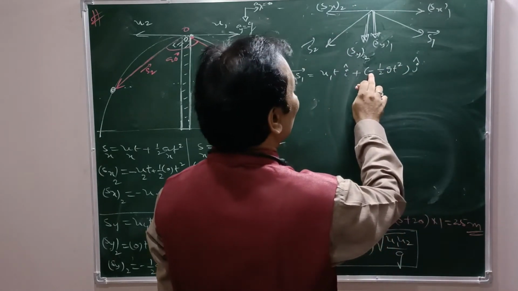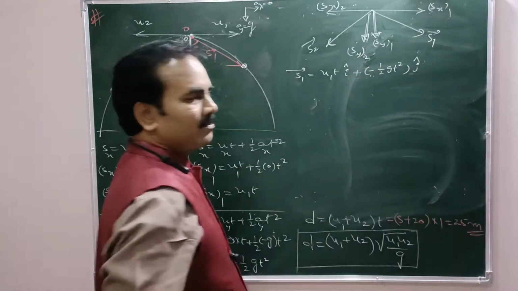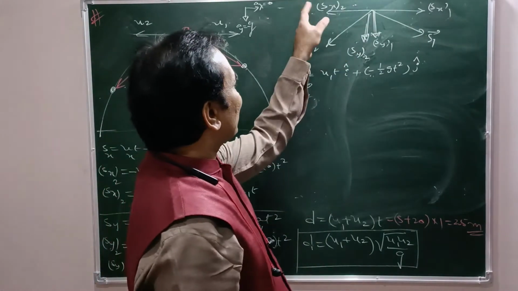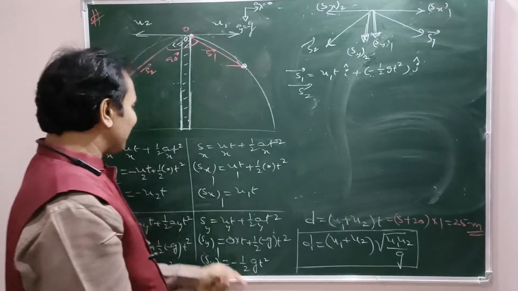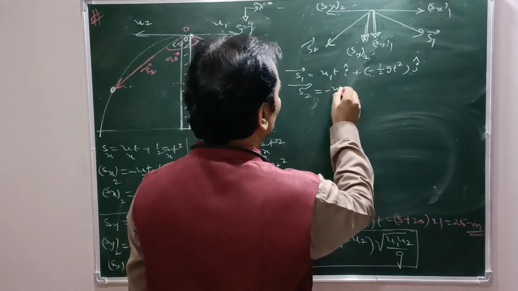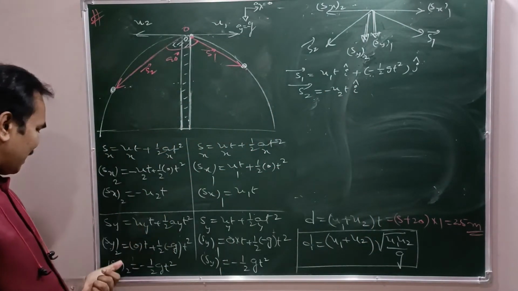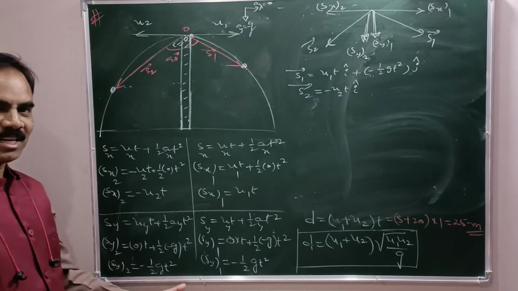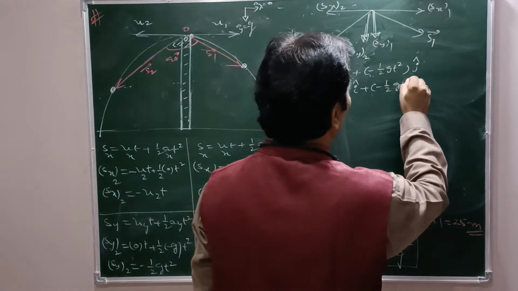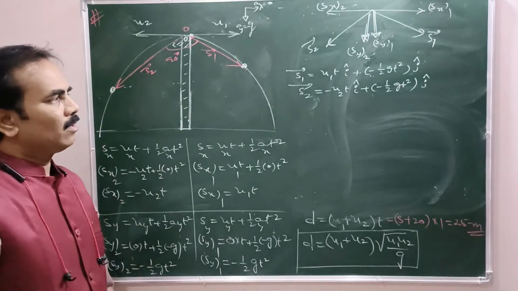Already negative sign is taken, so no need to consider minus j once again. Similarly, S2 bar equal to Sx2 i cap plus Sy2 j cap. What is Sx2? Minus u2 t into i cap, negative sign is taken, plus Sy2, that is minus half g t square, into j cap.